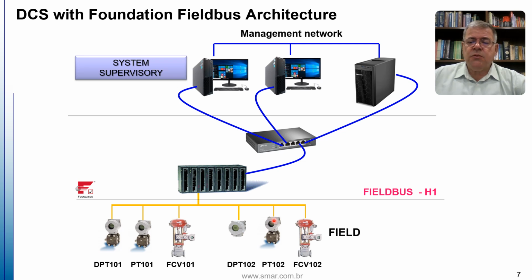We refer to this channel in Fieldbus as the H1 network. The controller will communicate via Ethernet with the switch, and consequently with the computers for management and engineering configuration. This is the main advantage of the Foundation Fieldbus network.